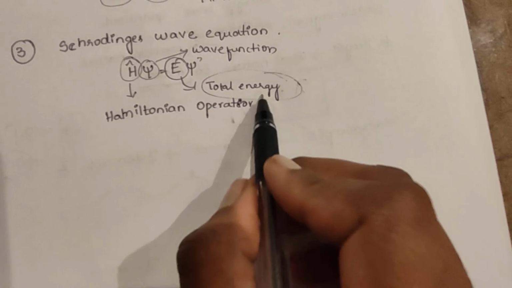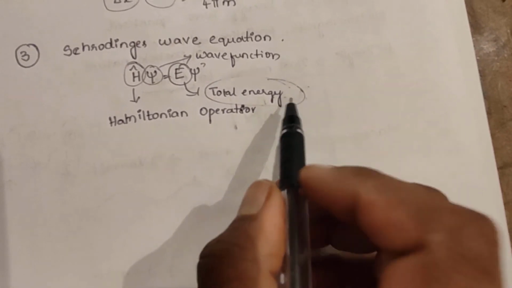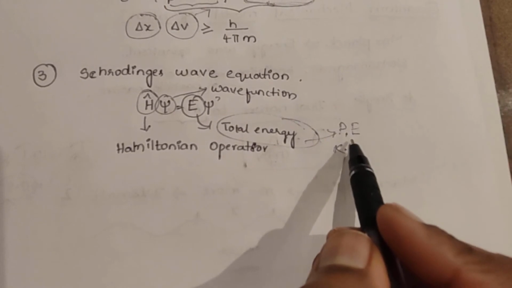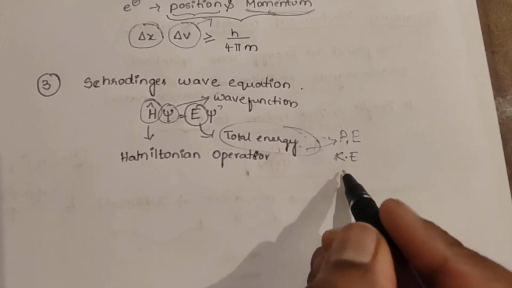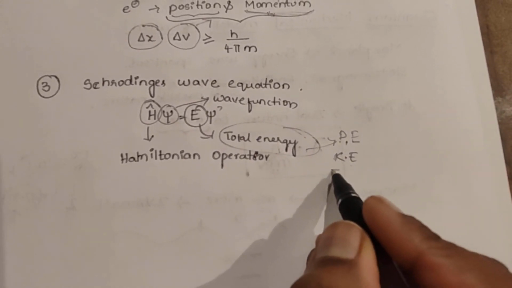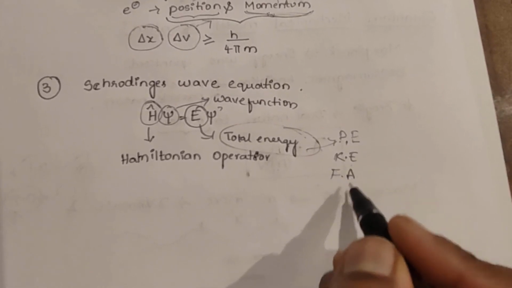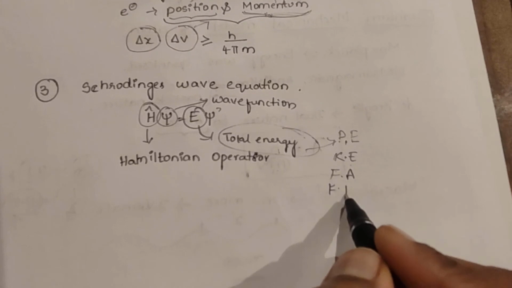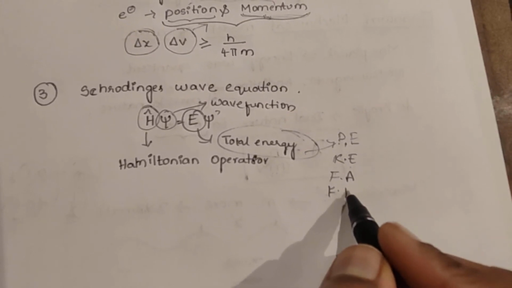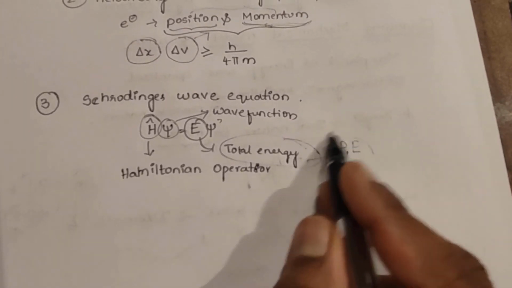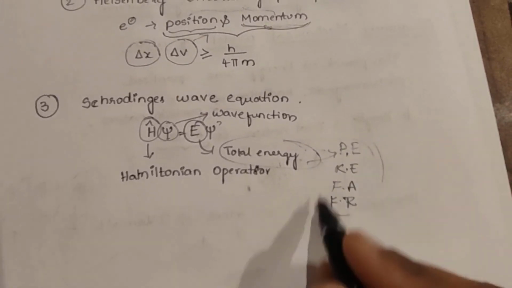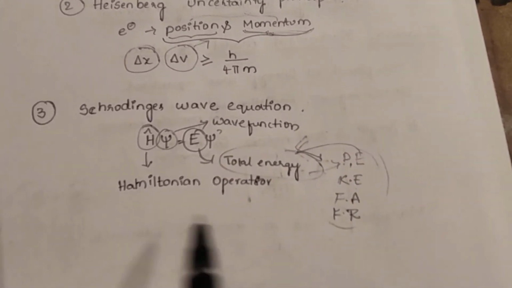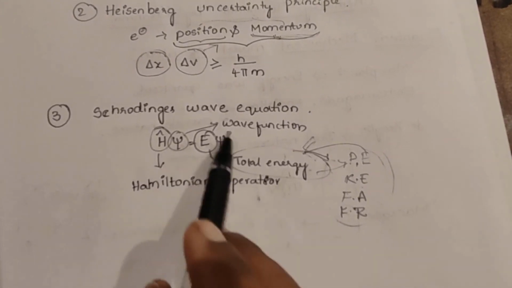So here total energy means the energy within the atom, its potential energy, kinetic energy, forces acting on it, that is the force of attraction between the nucleus and electron, and forces of repulsion between two electrons. So these all together give the total energy of an atom.